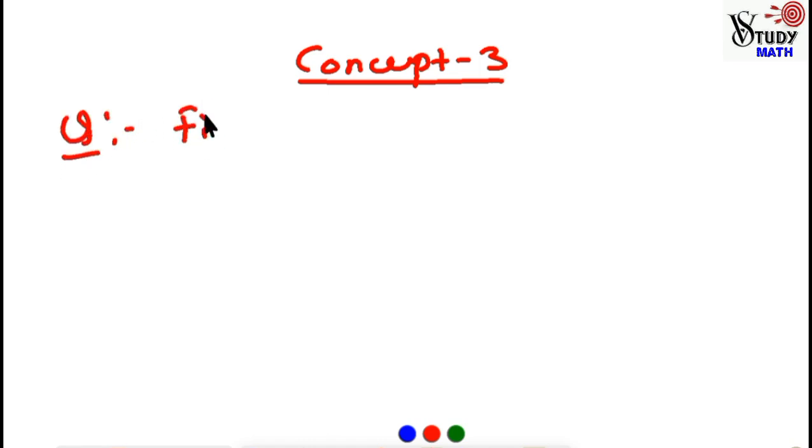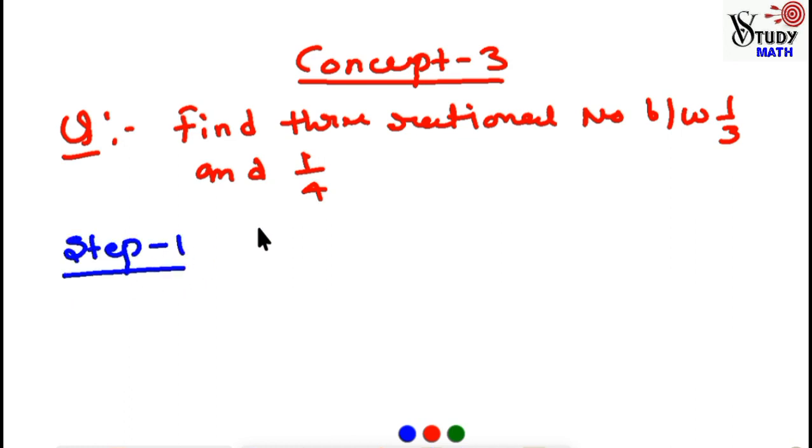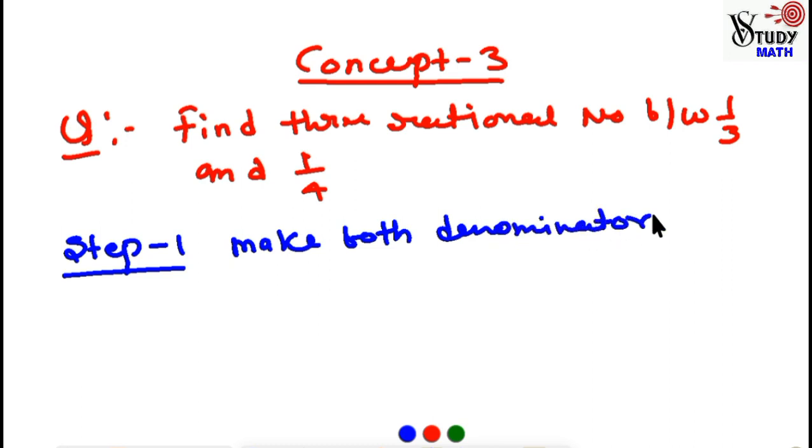If we have to find 3 rational numbers between 1/3 and 1/4, what is our first step? I'll teach you this method step by step. First step: make both denominators equal.